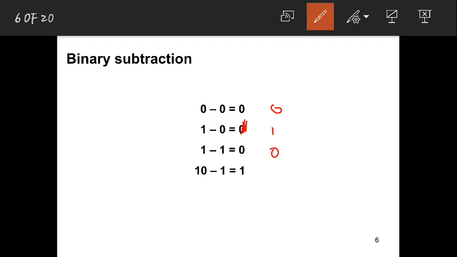Now coming to 0 minus 1. See, how do you subtract 0 minus 1 in binary? You don't have a negative symbol to write in binary. I'm not saying you can't write negative numbers in binary, but you don't have more symbols. You have only two symbols, 0 and 1. A negative decimal number you can convert.